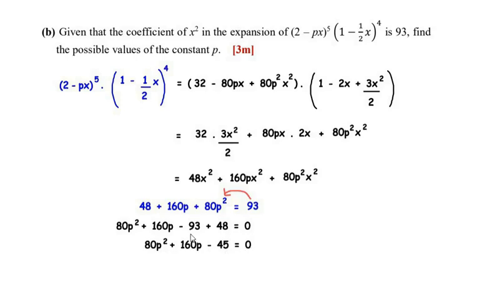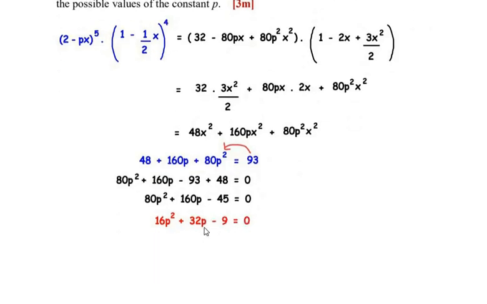Now all the terms on the left hand side are divisible by 5. So dividing all the terms by 5, we simplify this equation as 80 divided by 5 gives us 16p square, 160 divided by 5 gives us 32p, and minus 45 divided by 5 gives us minus 9 equal to 0.